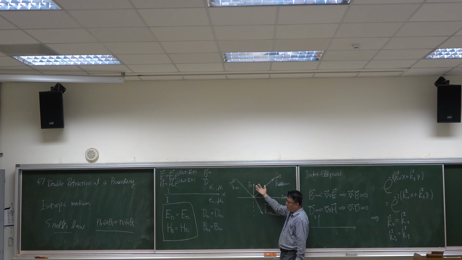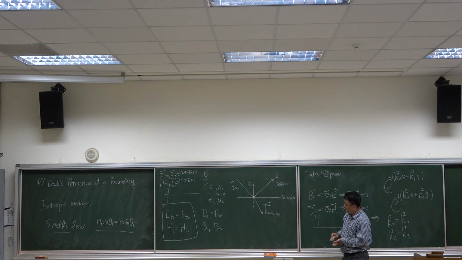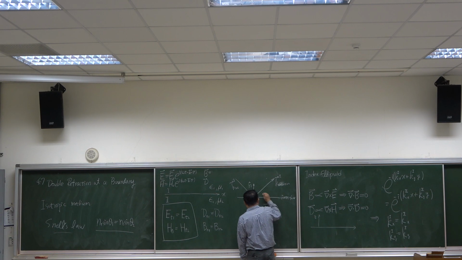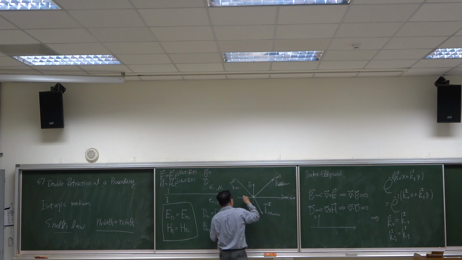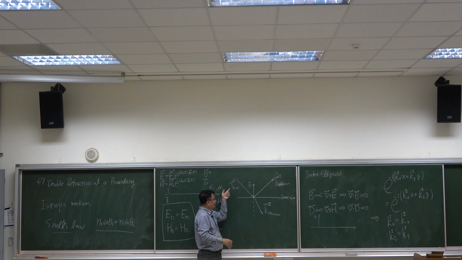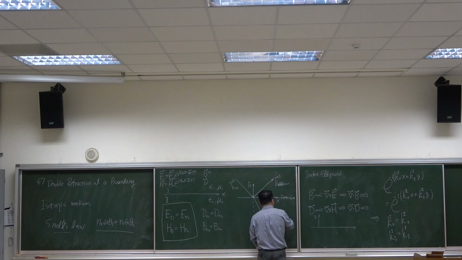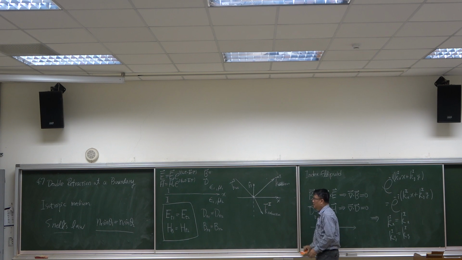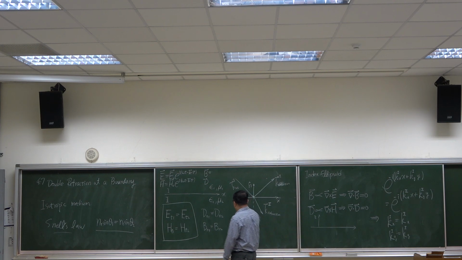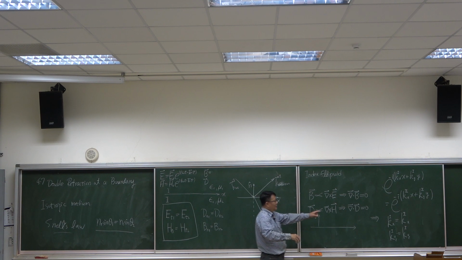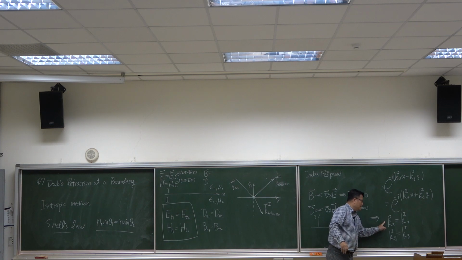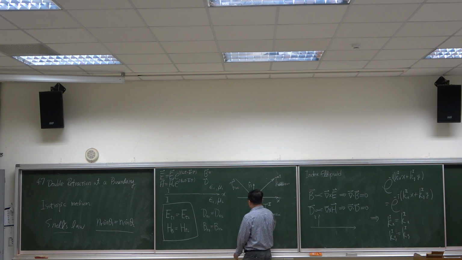If we take this plane to be the plane of the board, then I can choose the tangential component of the K incidence to be x. Suppose this direction is the x direction. So now we do not need to consider the y direction.